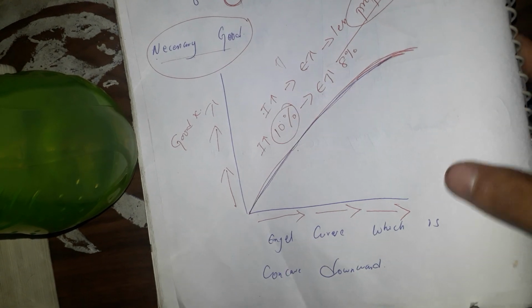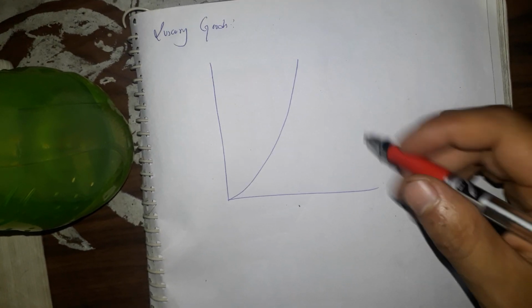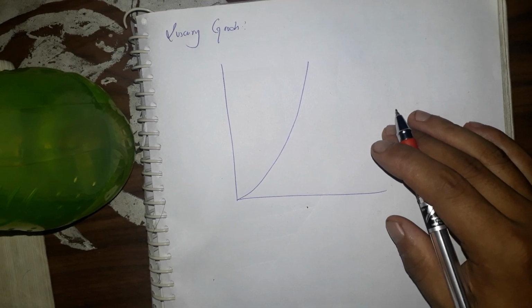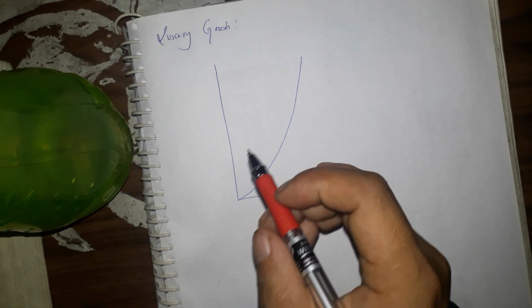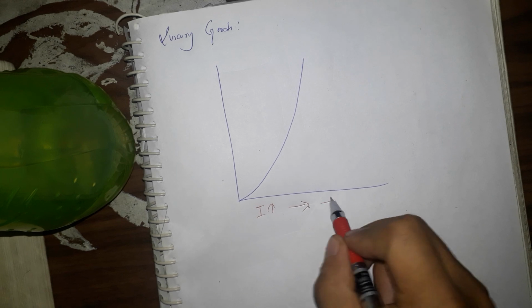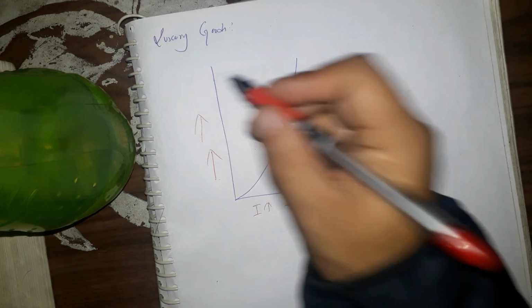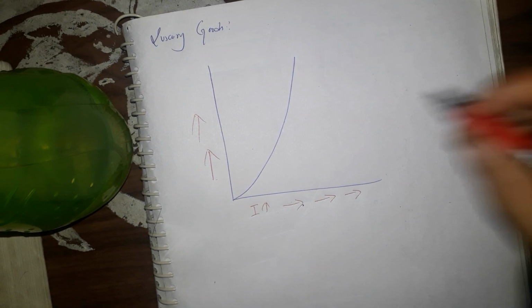Clear? Now let us talk about luxurious goods. In the case of luxurious goods, it is quite the opposite. If income of a consumer increases, demand for the luxury good will keep on increasing.